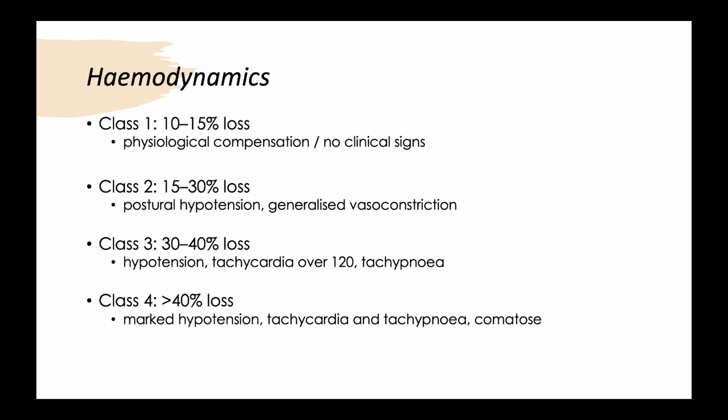You would then show signs of postural hypotension, as well as generalized vasoconstriction, so you might see some sort of peripheral shutdown starting from class 2. In class 3, you've lost a lot of blood, 30 to 40%, and you would get things like hypotension and tachycardia with a heart rate of over 120. And then you've got class 4, where you've lost more than 40% of your blood.